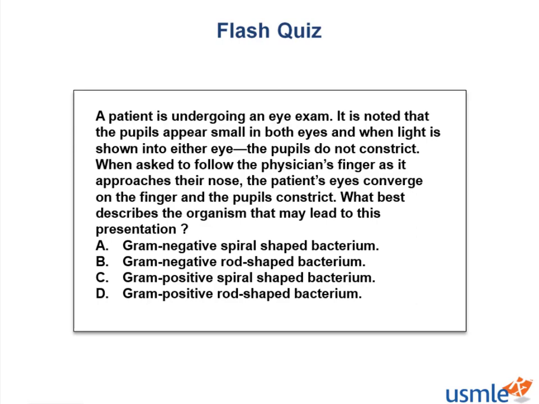What best describes the organism that may lead to this presentation? A. Gram-negative spiral-shaped bacterium. B. Gram-negative rod-shaped bacterium. C. Gram-positive spiral-shaped bacterium. D. Gram-positive rod-shaped bacterium.